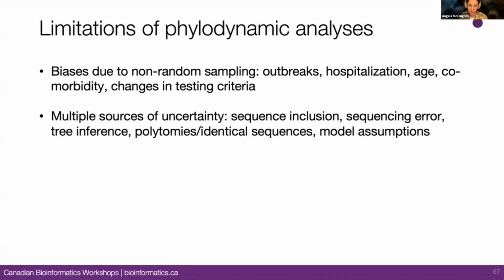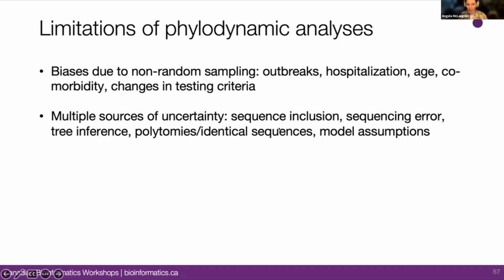There's a lot of sources of uncertainty in terms of the sequence inclusion, whether that's through non-random sampling or through subsampling. There's also sequencing error to consider, a lot of uncertainty from the tree inference process because we cannot comprehensively look at that entire tree space.